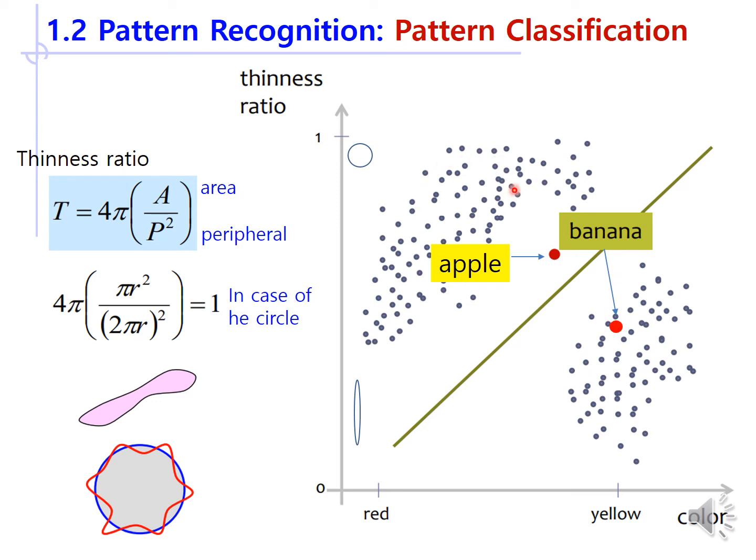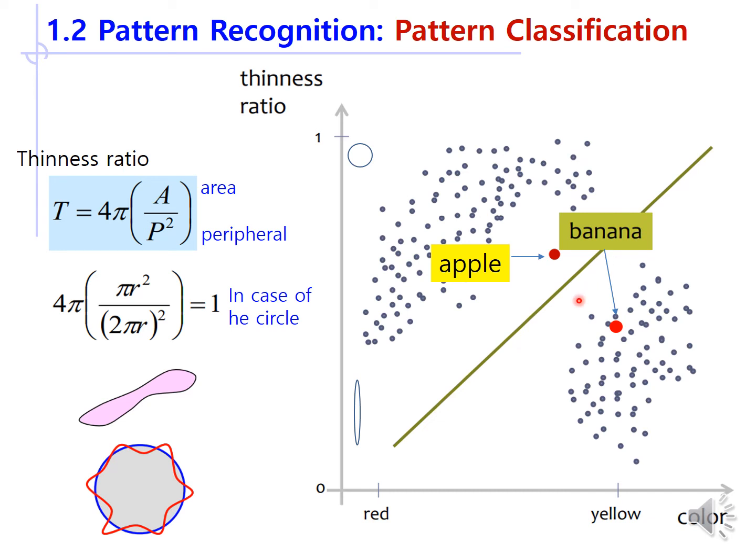So banana belongs here, and apple belongs here. By finding this straight line, we can classify the pattern into apple here and banana here.